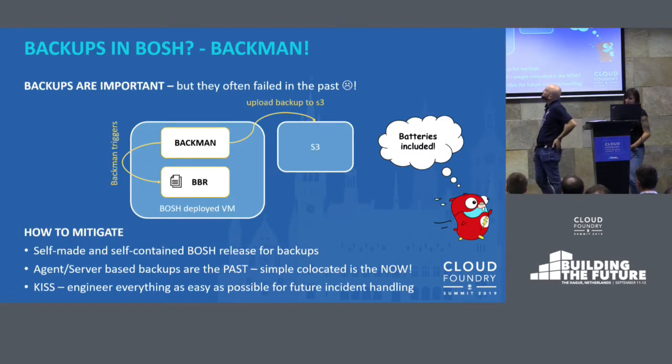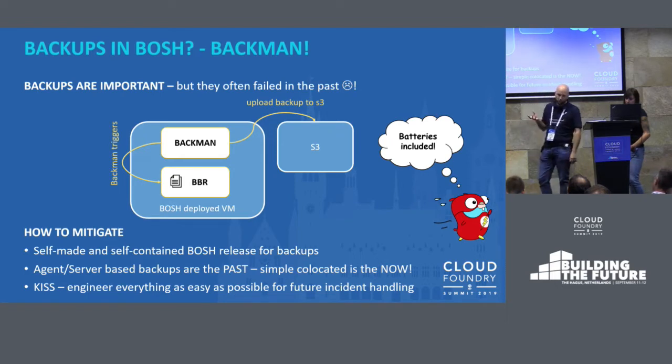Another example of this is the aforementioned Backman BOSH release that we developed. This is also a self-contained BOSH release. It just contains one job, which is the Backman job that you can co-locate onto any other BOSH deployment. And it's been built to take care of managing the BBR scripts.